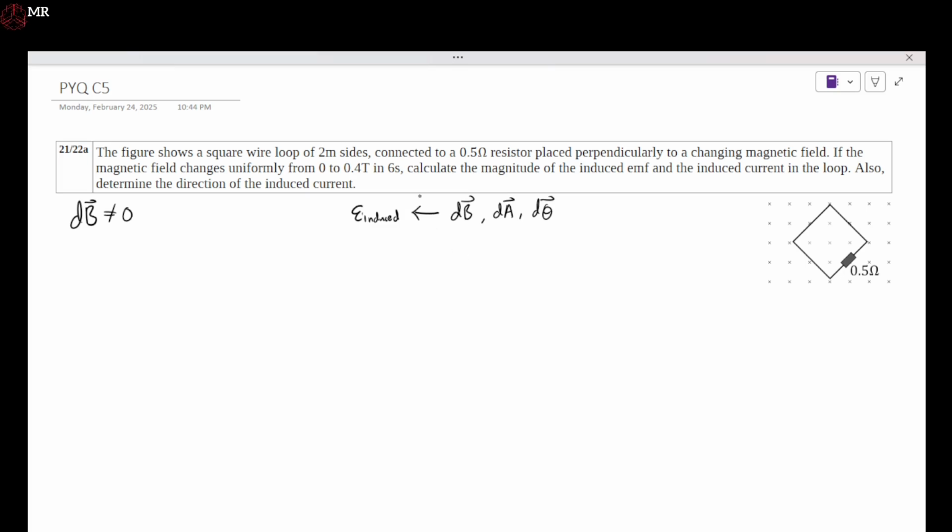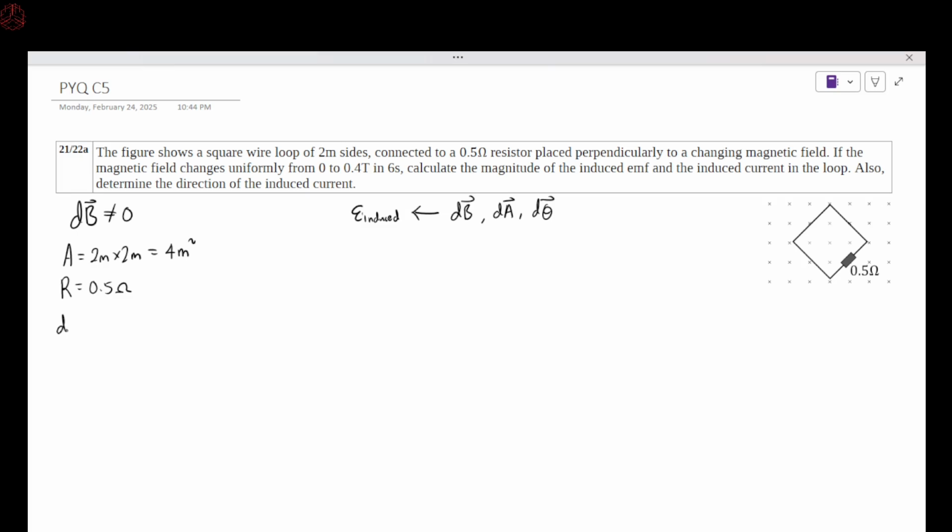Okay, so here we have area, right? Area of the square, which is just 2 meters by 2 meters, which means this is going to be 4 meters squared. I have resistance of 0.5 ohm, and also my magnetic field changes from 0 to 0.4.